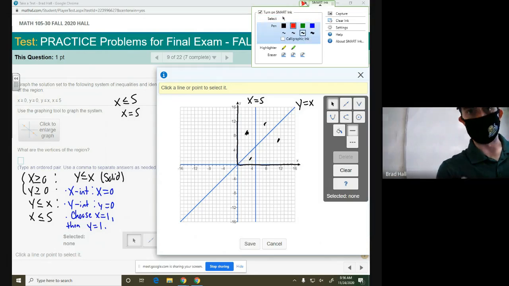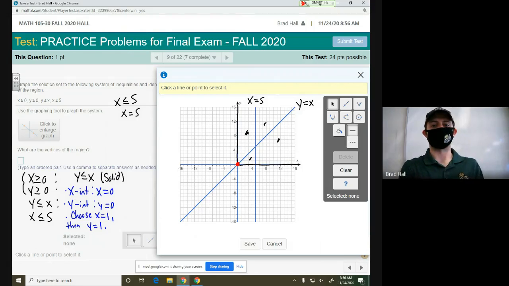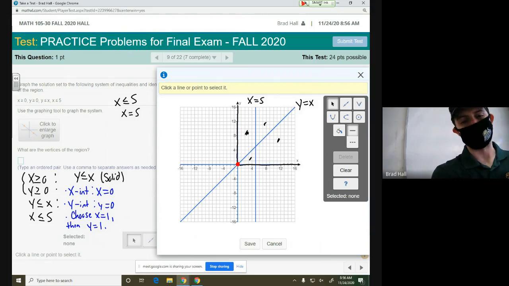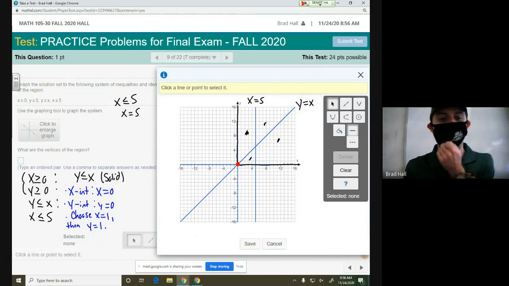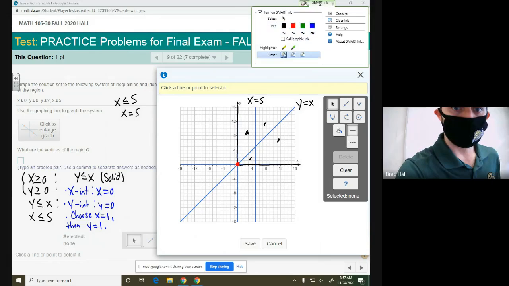Normally what we do is we choose the origin, which is right here, and we shade the region that is closest to the origin. But the diagonal line goes through the origin, so that doesn't make any sense. We cannot use 0, 0 as a test point for the diagonal line. Because what side do you shade on? You shade on the side of the origin, but it splits the origin in half. So which side do you shade on? It doesn't make any sense. So we have to pick another test point.